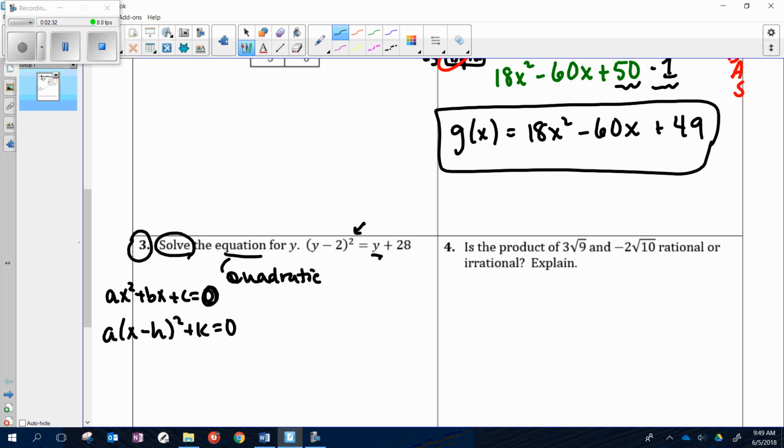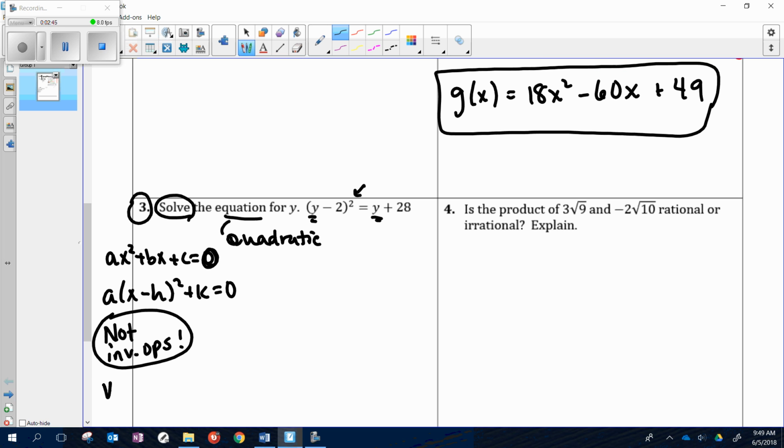Because there's a y over here and a y over here, you cannot just start doing inverse operations, which a lot of people were accidentally doing. A lot of you wanted to take a square root, but what are you going to do with that? So you can't just start doing inverse ops.